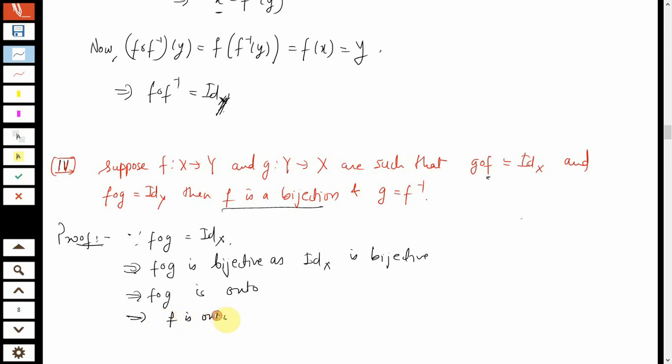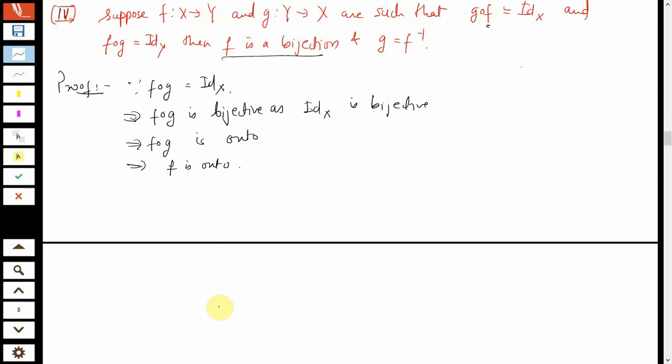Next, I use the fact that this G composite F is an identity function on Y. This implies that G composite F is a bijection, as the identity function is a bijection.